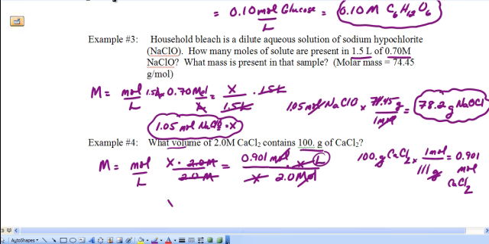So x will equal 0.901 liters over 2.0, and that's going to be 0.45 liters. Or if you want to change that into milliliters, you can move the decimal 3 spots to the right, or you can multiply by 1,000.